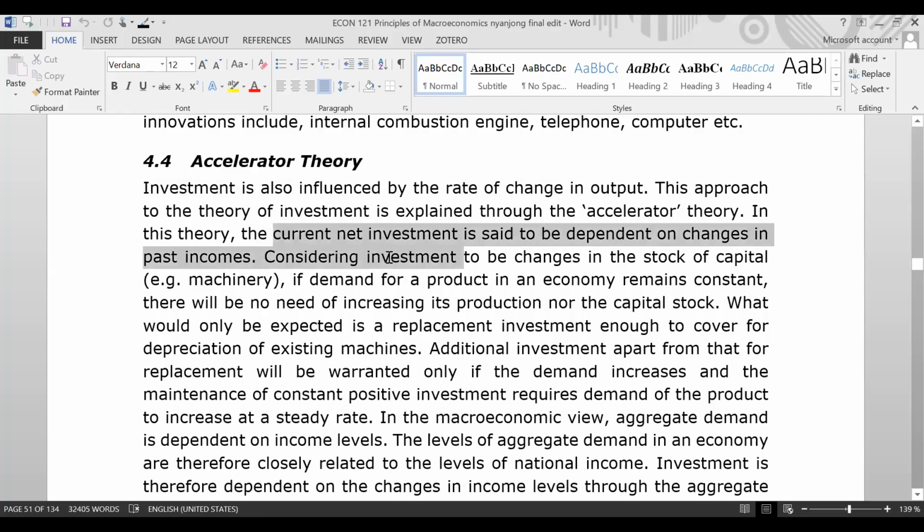So at current net investment, I shall just quickly share these points. I just realized that slide was missing. Current net investment is a function of past incomes. Current net investment is said to be dependent on changes in past incomes.